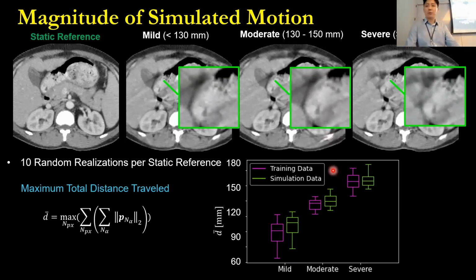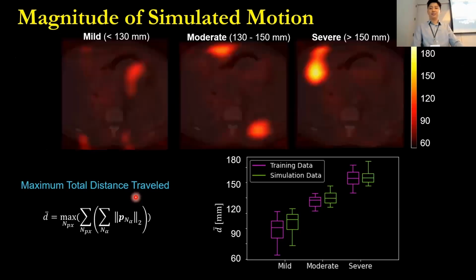To check the overall distribution of motion magnitudes, we understand that 4-dimensional motion vector fields may be very hard to visualize across all the cases. So here we use the total distance traveled as a metric, where we sum the distance traveled over all time points for every voxel in the image, and the maximum can be easily found. As we overlay the total distance traveled map onto our image, we can clearly see that the motions are being generated at different scales as well as randomly distributed on the image.